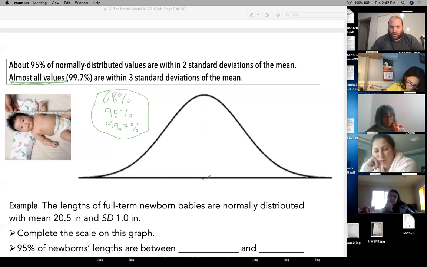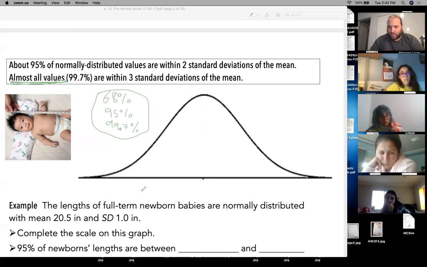No, don't subtract anything. The center of the graph is what number? These are all babies. Do babies have a height of 0 when they're born? 20.5, the mean.